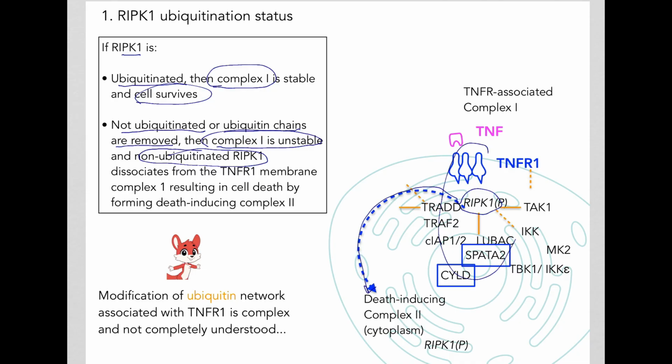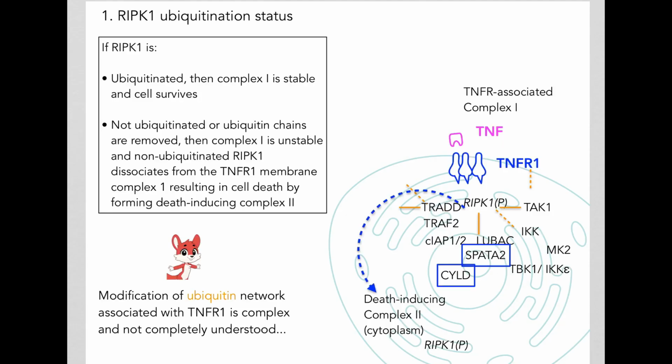Remember, all this is part of the plasma membrane. And now this RIPK1 can leave the plasma membrane and enter the cytoplasm and start forming what we call complex 2, a death-inducing complex 2 in the cytoplasm.